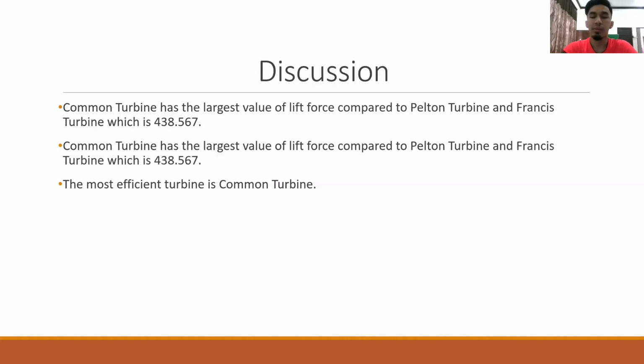This is because the common turbine has the highest lift force, lowest drag force and highest net force. A higher net force will cause the turbine to rotate faster and can generate more power.